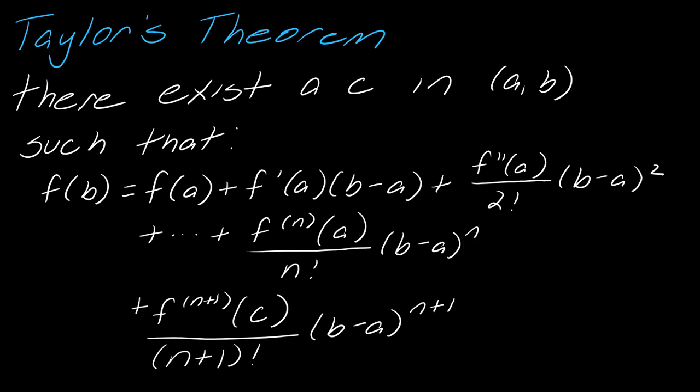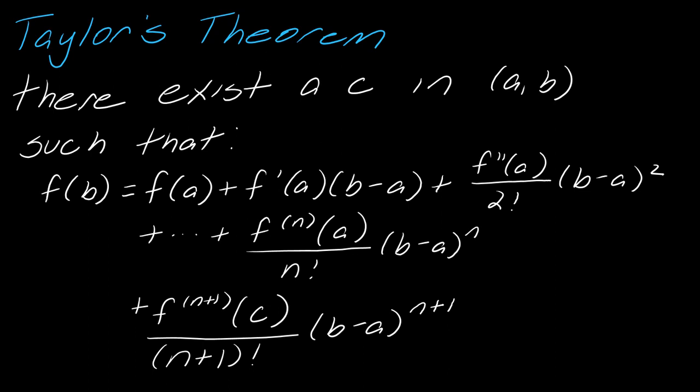This first part looks like what you were practicing before with the Taylor series. The thing I want to highlight is the end part. It is the n plus 1 derivative at c over n plus 1 factorial times b minus a to the n plus 1. So we've got this n plus 1th term, and we've plugged in some value c.